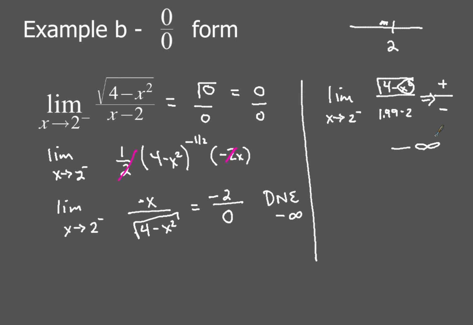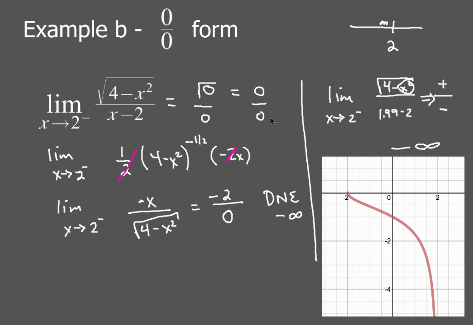Now, we can also take a look at this graphically. As you can see from the graph, if we plug that into a graphing calculator or Desmos or anything, we can definitely see, hey, check this out. As I look at my function approaching 2 from the left-hand side, as I'm coming closer and closer to 2, look what's happening to our function.